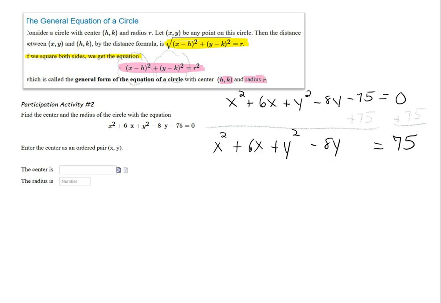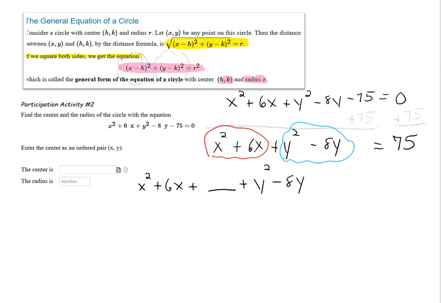These two are both x's and these two are both y's, so I'm going to spread this out a little bit. I'm going to have x squared plus 6x plus whatever I need to create a perfect square for that, plus y squared minus 8y plus whatever I need to complete the square on that.